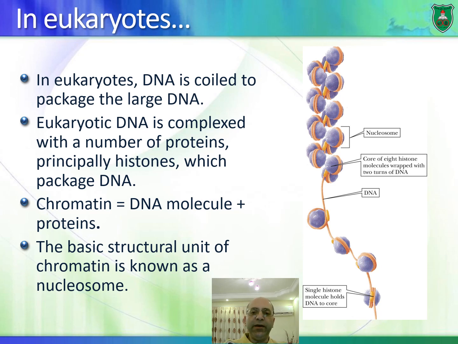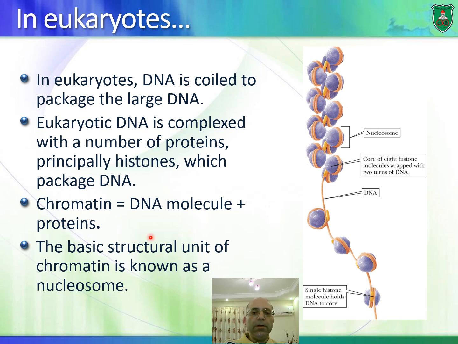This takes place via proteins known as histones. The DNA molecule is wrapped around histones, and then these histones get packed together into a really compact structure known as the chromosome.